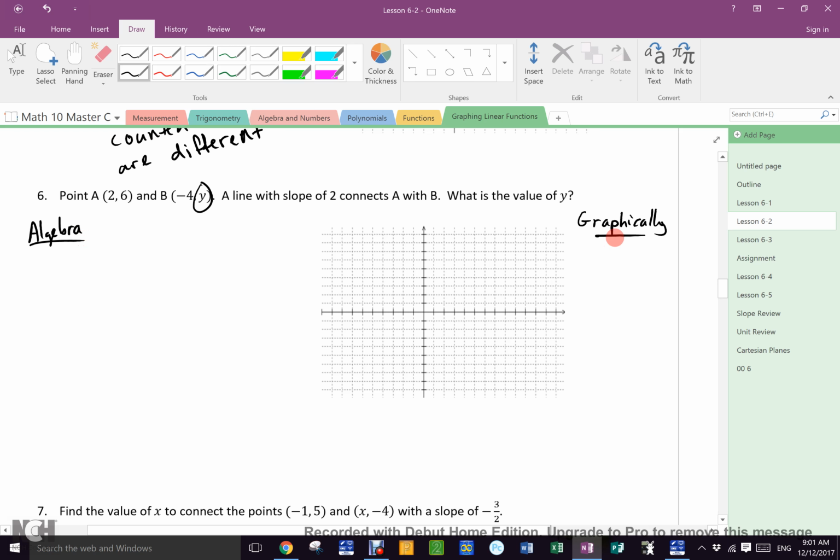So if I'm going to do it graphically, what point can I put on the graph, A or B? A, where is it? 2 to the right and up 1, 2, 3, 4, 5, 6, correct? Is everybody cool? Now, what else do I know?